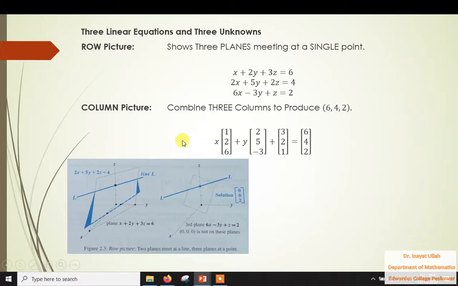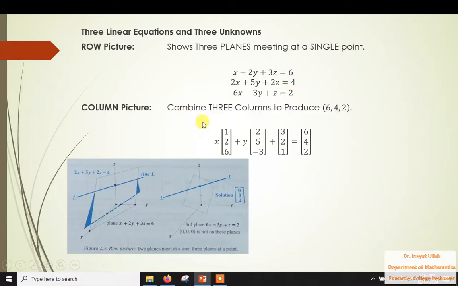Now what about the column picture? If you see here, taking x common, 1 2 6 will be left here, and take y common, so 2 5 minus 3 will be left here, and take z from this column common. There is z, so taking z common, 3 2 1 will be left, equal to 6 4 2.